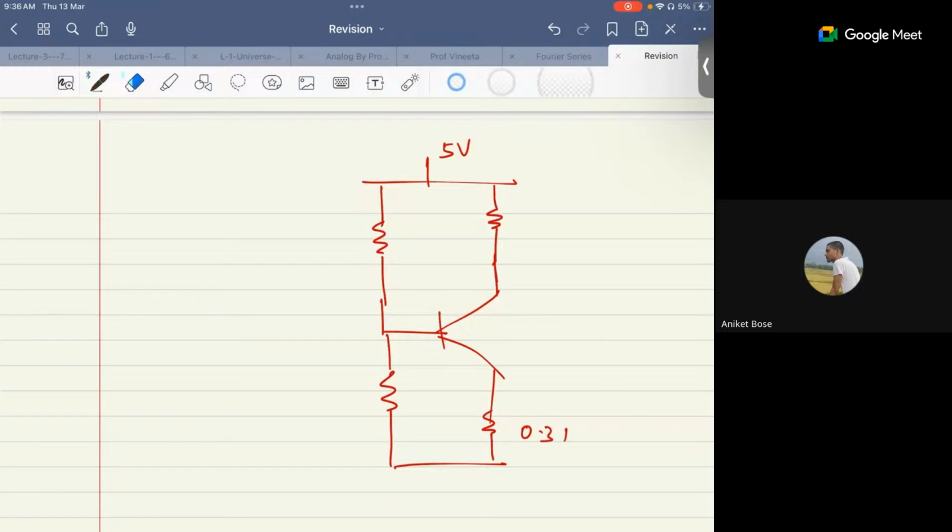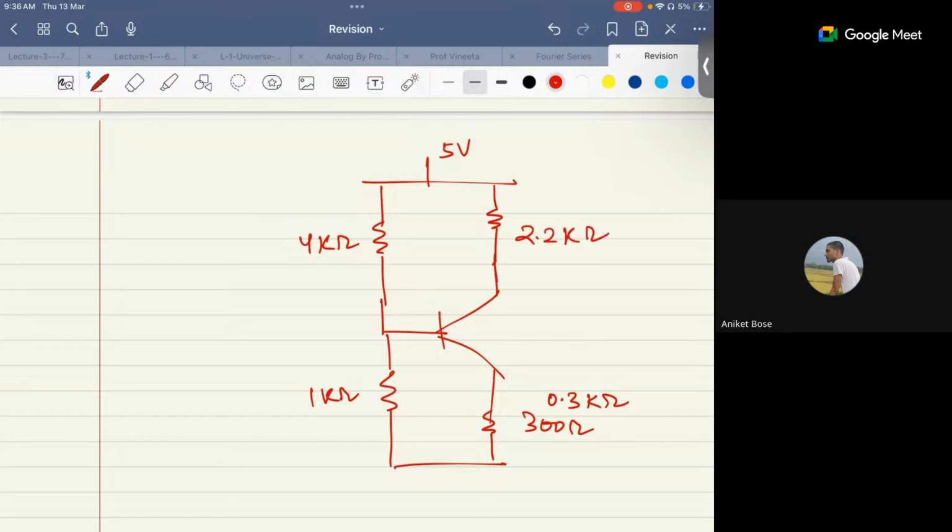You see, 0.3 kilo can be written as 300 ohm. Whenever you are writing the equations, just take it as 0.3 kilo ohm. Whereas you have 4 kilo ohm, 1 kilo ohm, 2.2 kilo ohm. Calculate the value of IC and calculate VC.